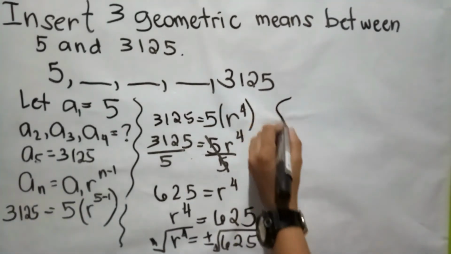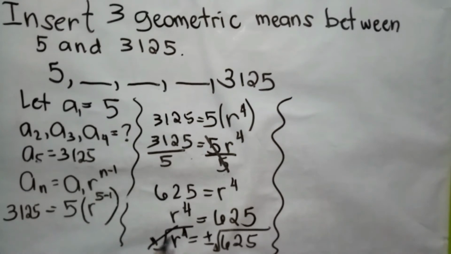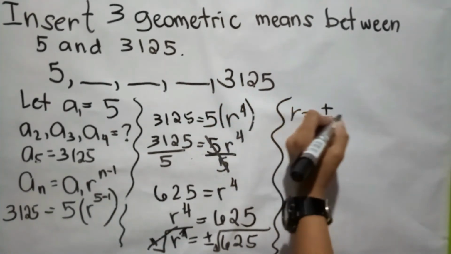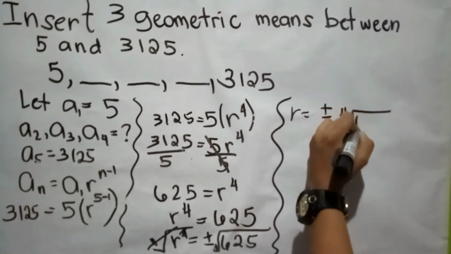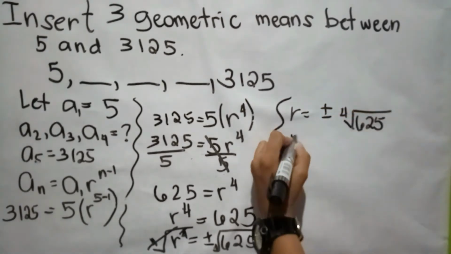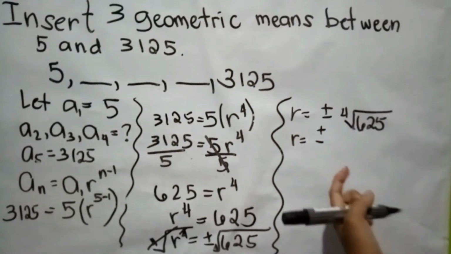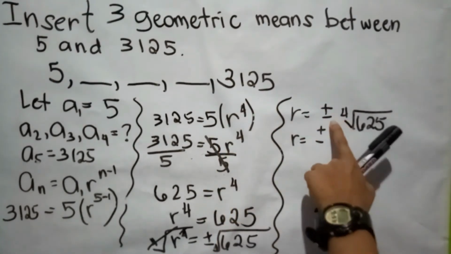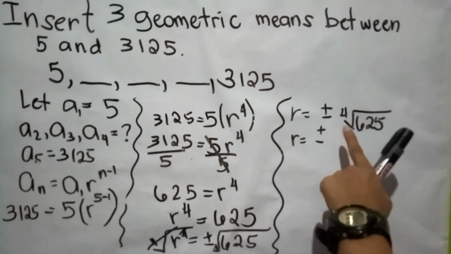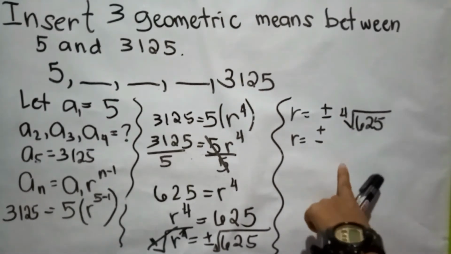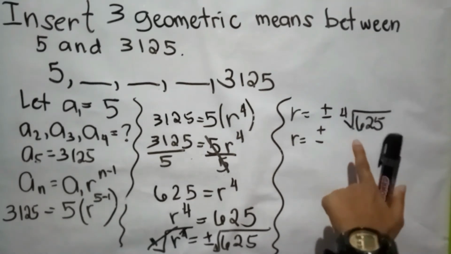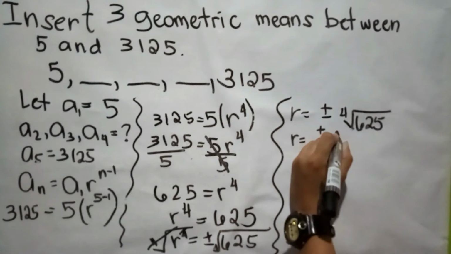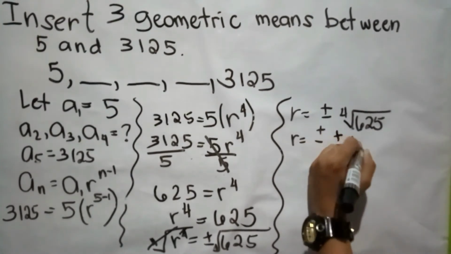You can actually use the calculator in this example because we are looking for the fourth root and it is very hard if we do it manually. So the fourth root is equal to positive and negative 5.